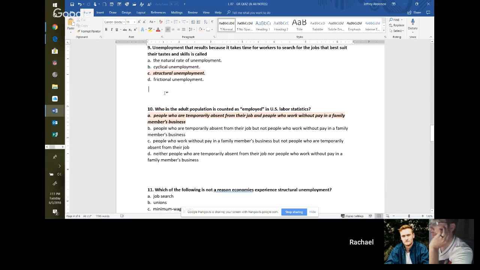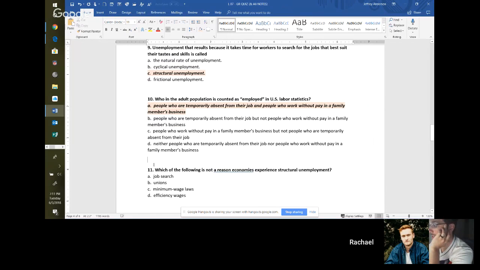For 11, I'm not really sure, because I feel like it's sort of a chicken and the egg situation. Job search is defined as matching workers with appropriate jobs, and structural unemployment, there's not enough jobs for all the workers, right? So is there a lack of jobs because job search isn't going well, or does job search fail because there's no jobs?